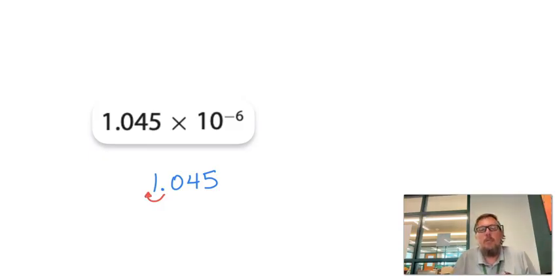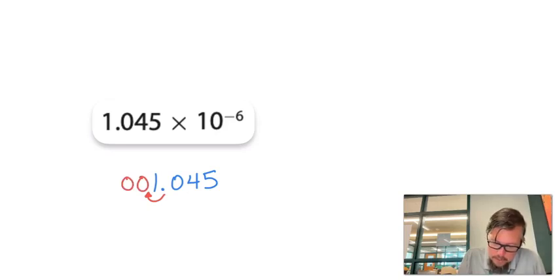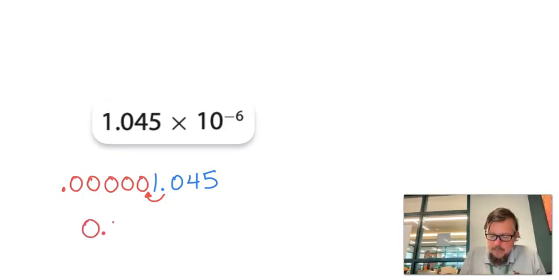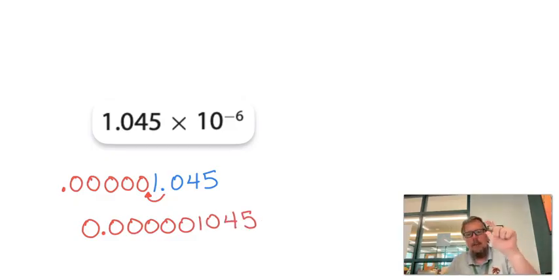We need to move it 5 more times, so we're going to add 5 zeros. 1, 2, 3, 4, 5. So we have a decimal point, 5 zeros, 1045, and as usual, we want to have that 0 in front of the decimal. Just good math practice to have it there. And so our answer is 0.000001045.